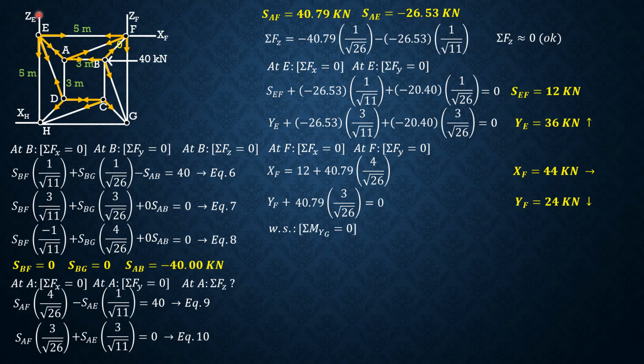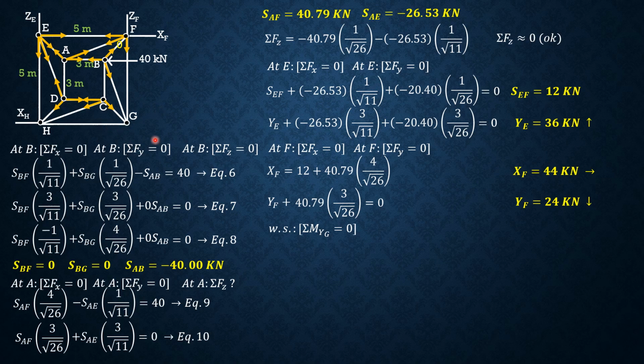Let's solve for G sub E this time because we have found XF, summation moment about YG. YG is the axis through our eyes, so by right thumb rule, positive moment would be like that. It's counterclockwise.